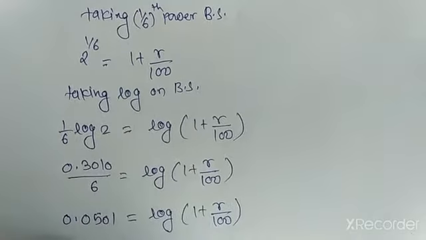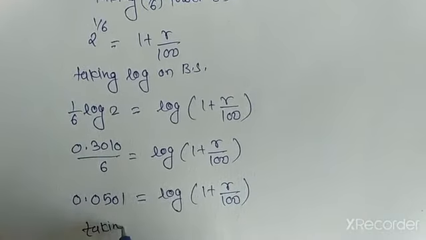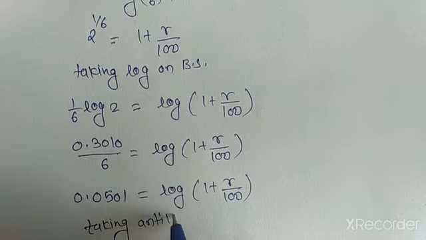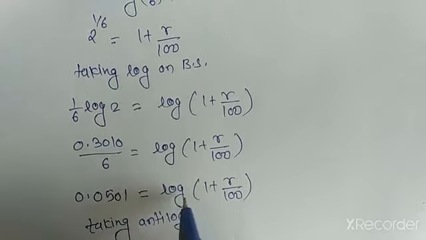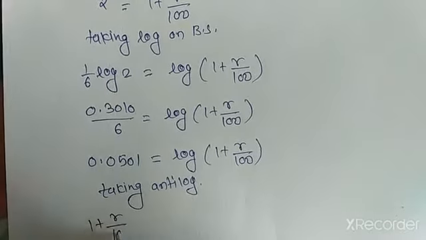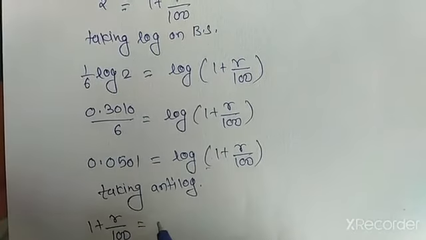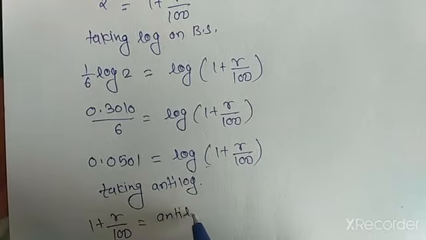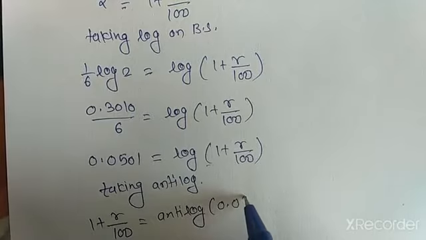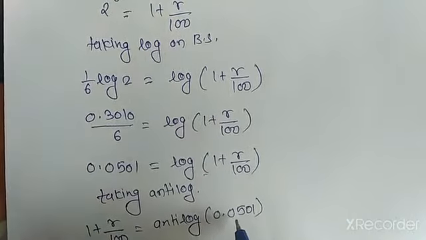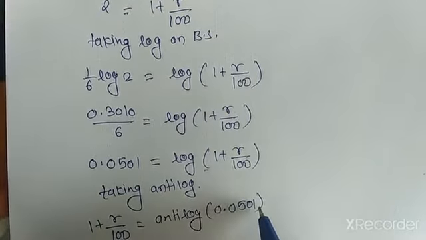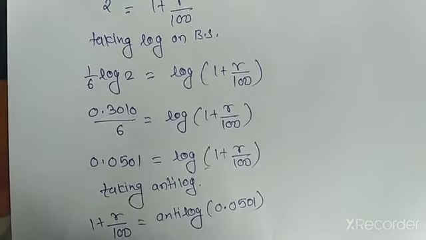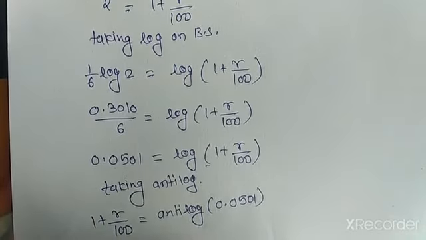So taking anti-log, or by definition of anti-log, we can say that 1 plus r upon 100 is equal to anti-log of 0.0501. So you have to check 0.05 in 01, which value is 1.122, okay.